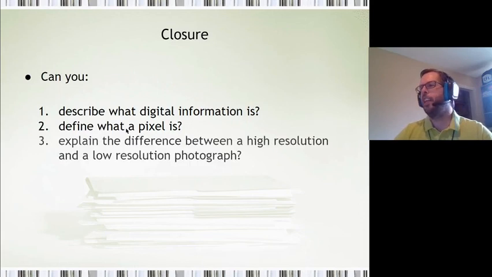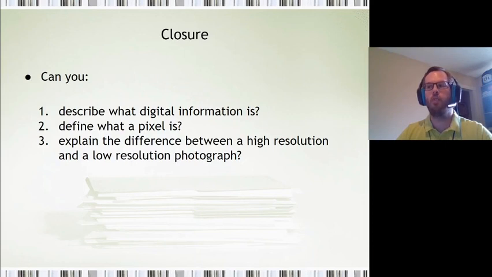And then, explain the difference between a high resolution and a low resolution photograph. I think the big thing here is to remember that with high resolution, you're looking at an image that has smaller size pixels and better quality. So many small size pixels. And then low resolution would be the same size of image with larger sized pixels, but fewer of them.